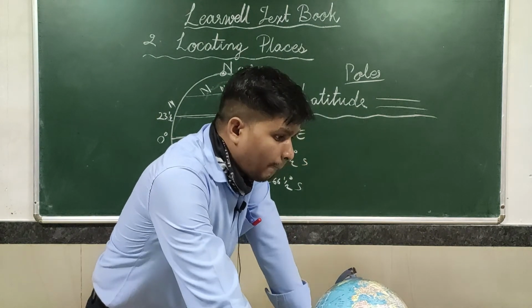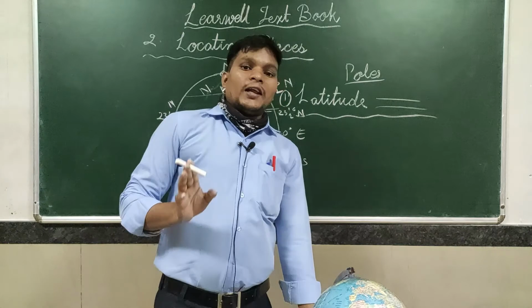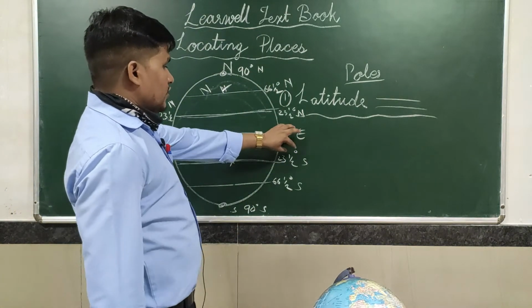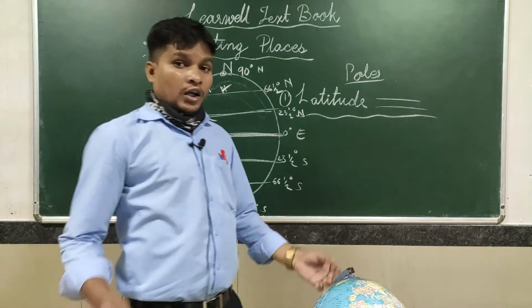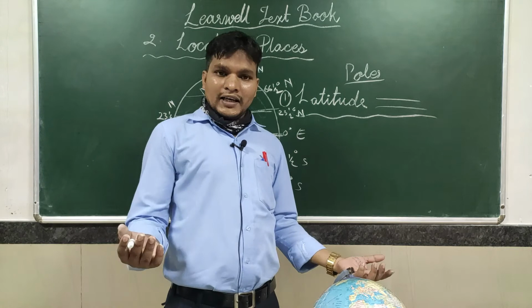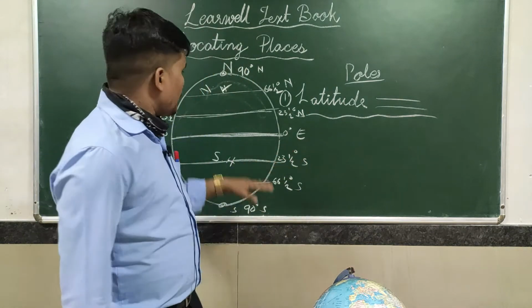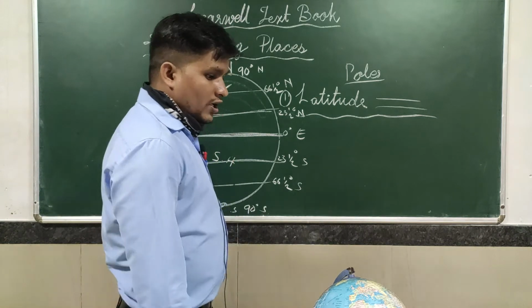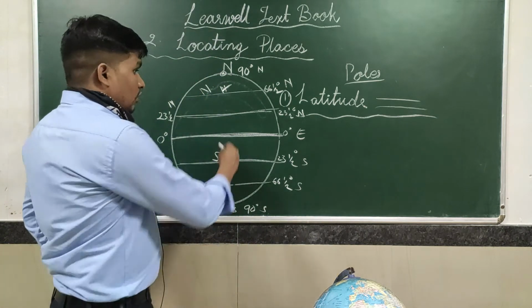Among them, the very important parallels of latitude are these. First, the 0 degree latitude, which you call the equator, the largest latitude, or the 0 degree latitude. Second is called the Tropic of Cancer.